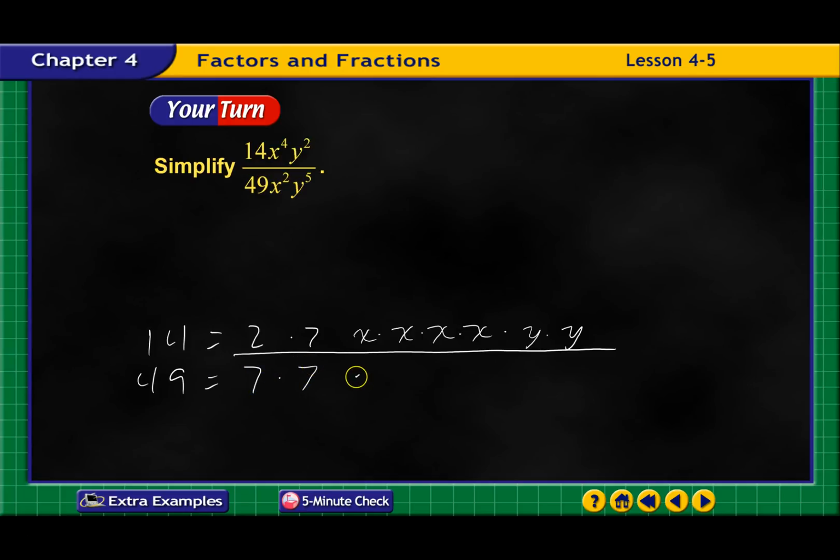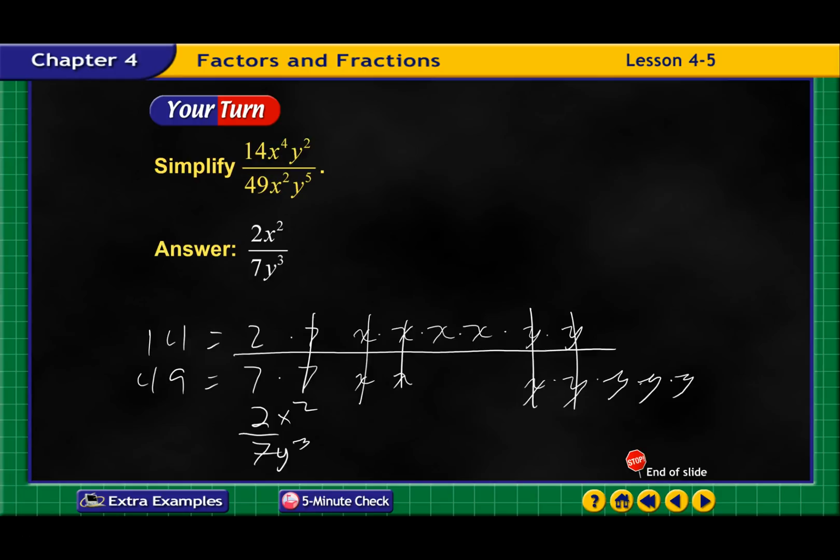Then I have 2 x's and 5 y's. All right, so this one cancels, this one cancels, this one cancels, this one cancels, this one cancels. That one does not. So I'm going to have 2 over 7 and then 2 x's on top, x squared. I'm going to have 3 y's on the bottom. Hey, I like it when it all works out.